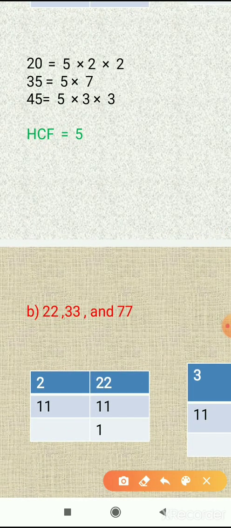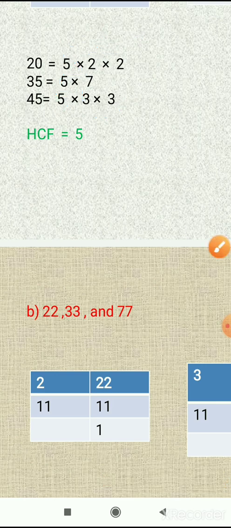So which are the common factors? HCF. So we have to multiply common factors. So here common factor is 5. Okay, none of any another. These all are the uncommon factor. So here only we get common factor 5. So highest common factor of 20, 35 and 45 is 5.